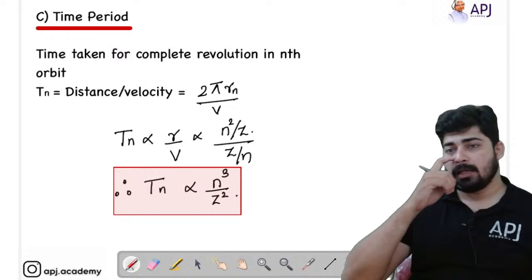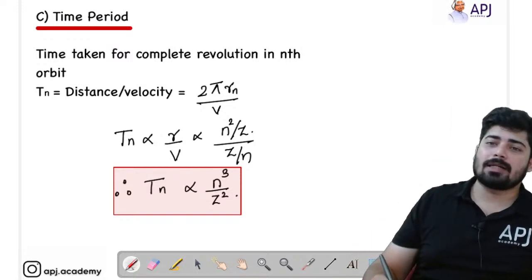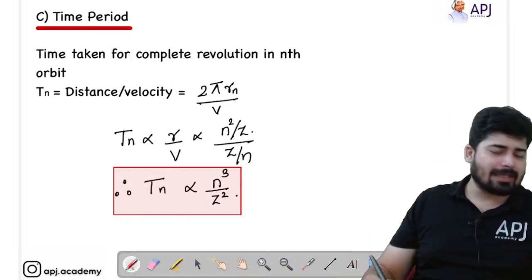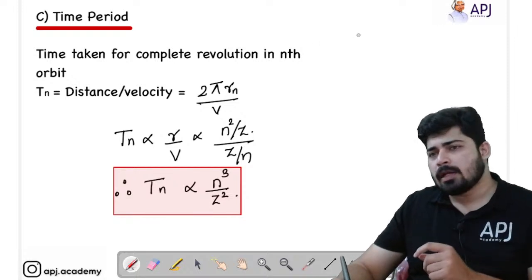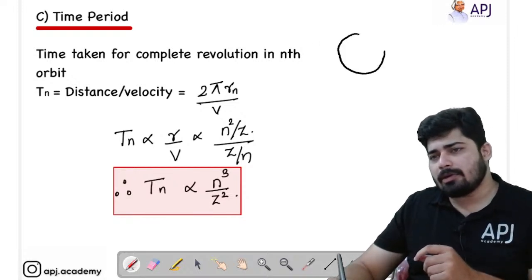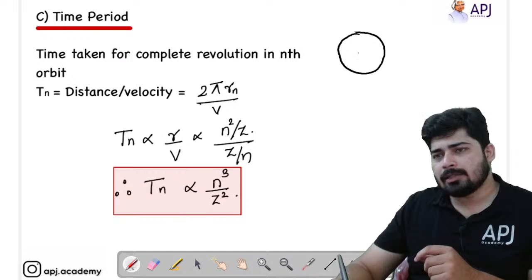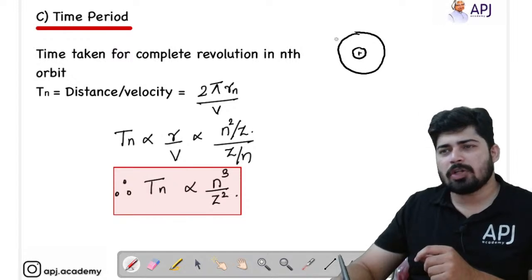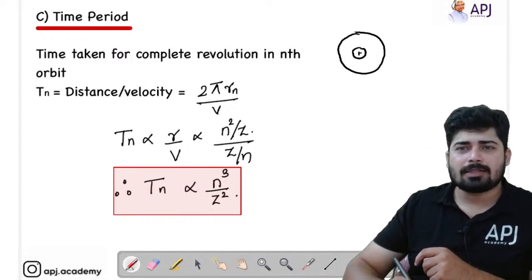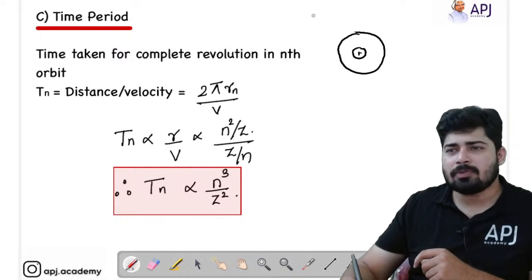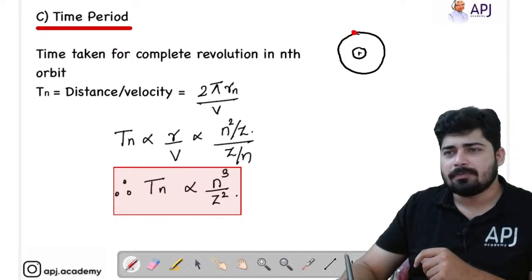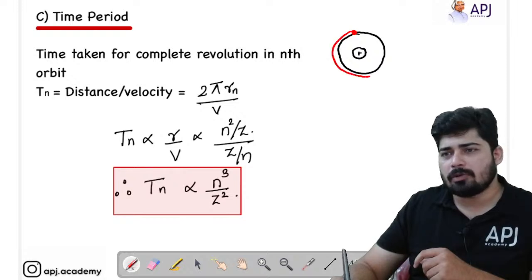Now the third one is time period. What do you mean by a time period? See students, here this is our orbit and this is the nucleus. Assume that the electron is present here and it starts to revolve around the nucleus like this.